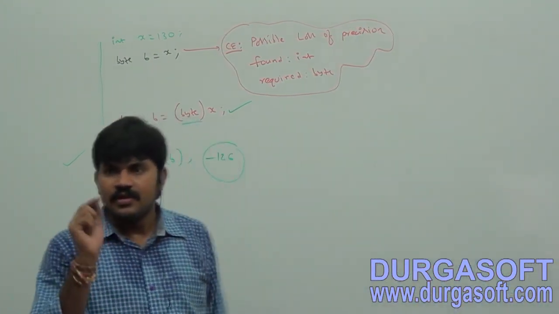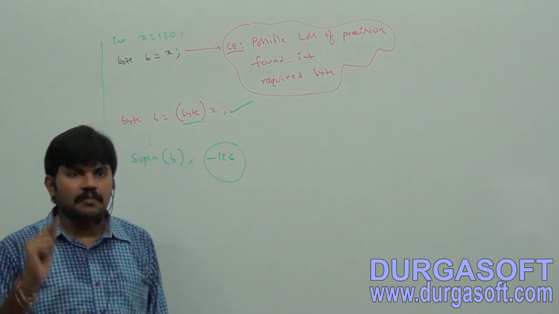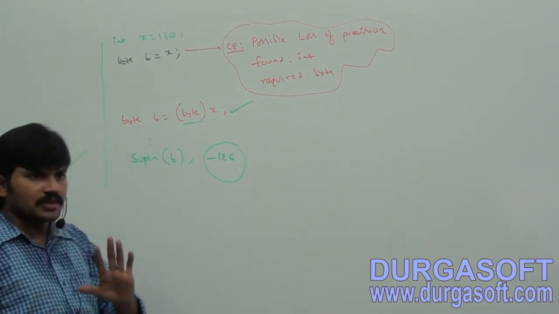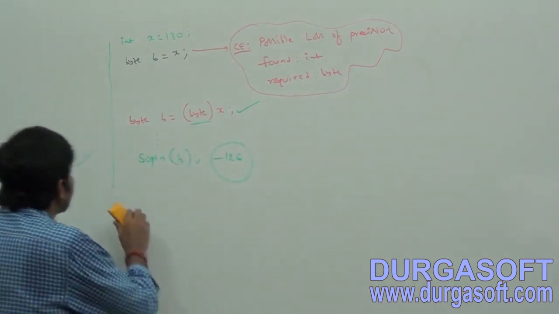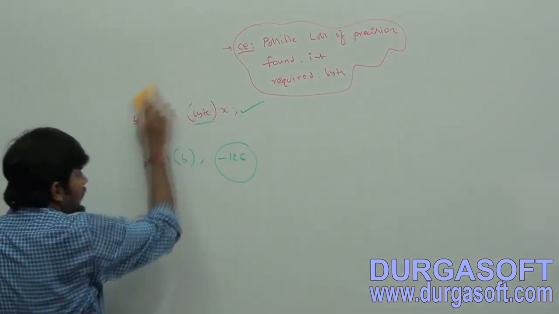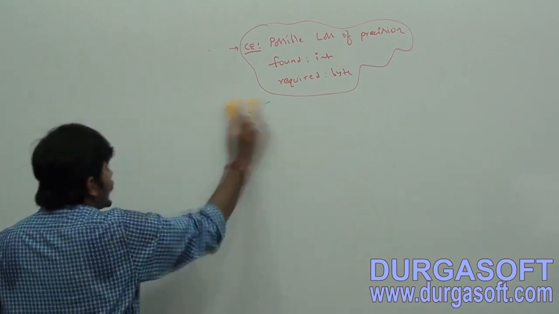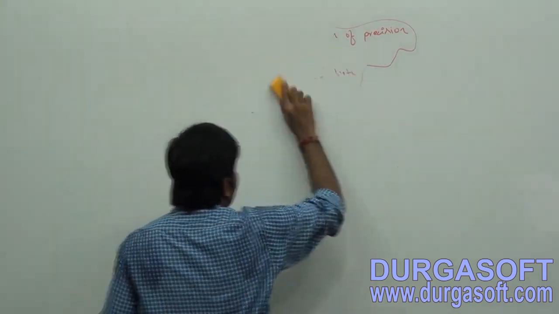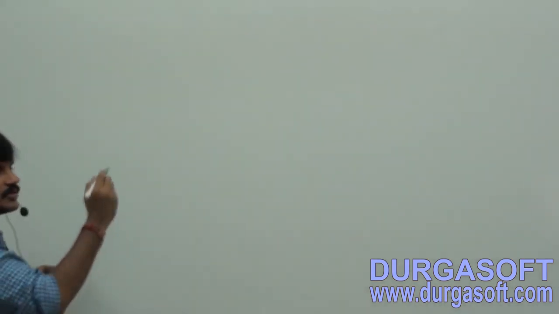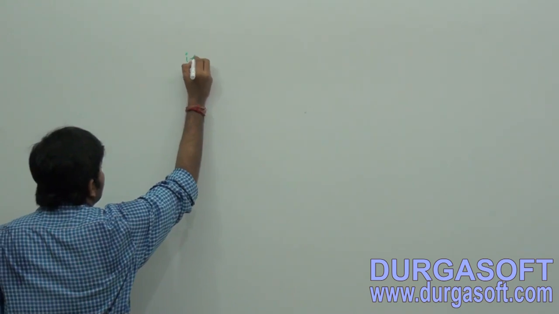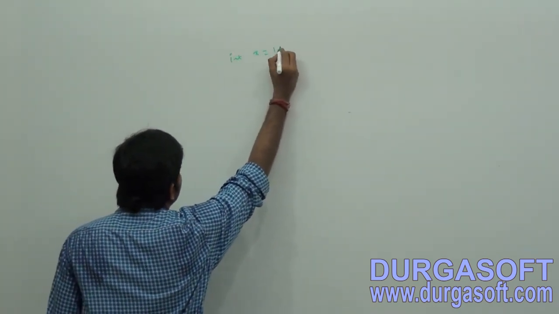Okay? How is this loss of information happening? Compulsorily you should have clear clarity. Let me explain. 130 suddenly became minus 126. If it is 150, how will it become minus 108? I will show anyway. Sir, here int x is equal to 130.